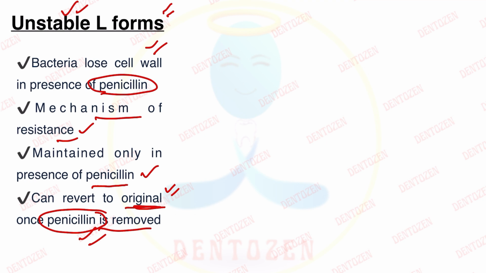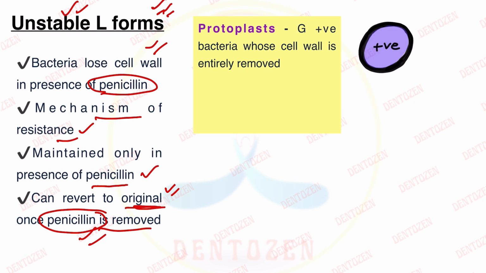Now here come two important terms which can be an important short note or viva question. So what are these? One is protoplast. What is a protoplast? We discussed in the different staining methods that certain bacteria take up violet color in the gram staining. They are called gram-positive bacteria.